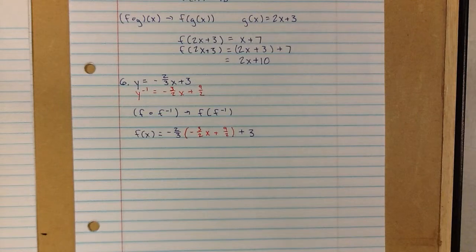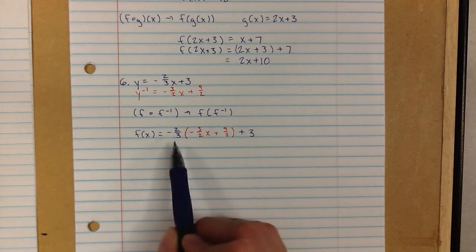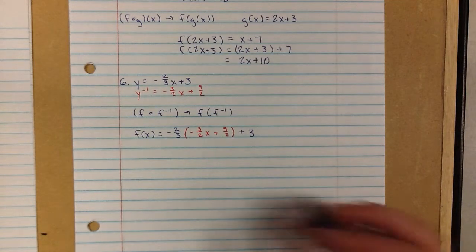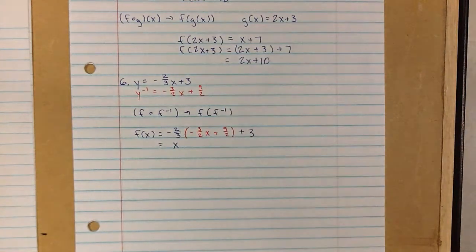We're not using the calculators for fractions. We're going to learn how to do this right now. What is 2 times 3? What is 3 times 2? What's 6 over 6? We didn't even need a calculator and we multiplied fractions. So we got x.